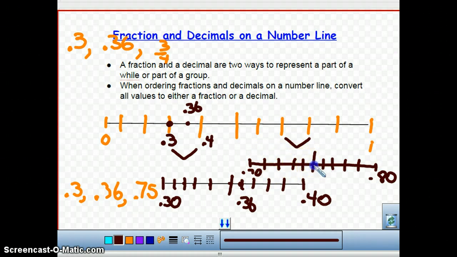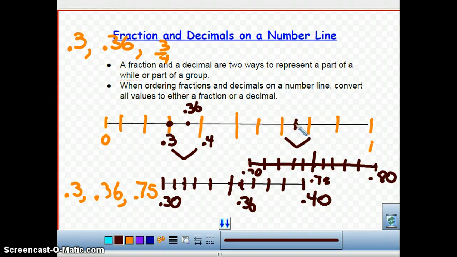Look there, 75 hundredths. So it's exactly in the middle of 7/10 and 8/10. So I'm going to put it right here. 70, 75, 80, it's that middle number.